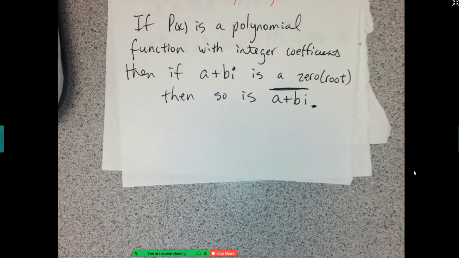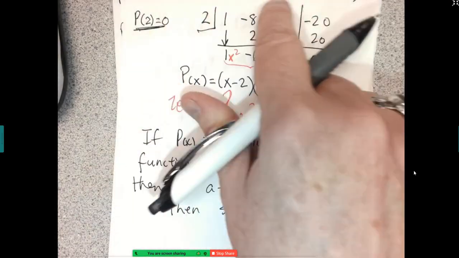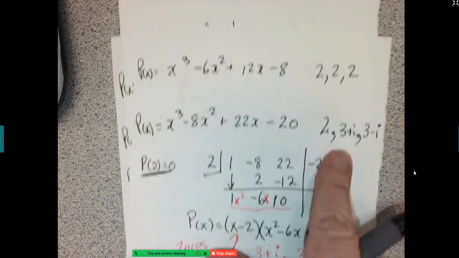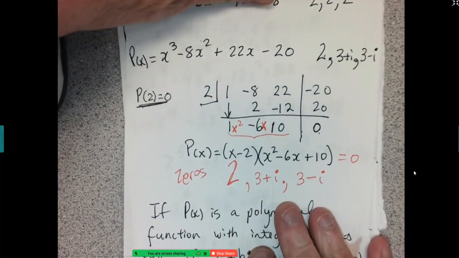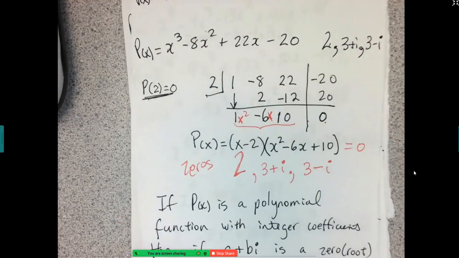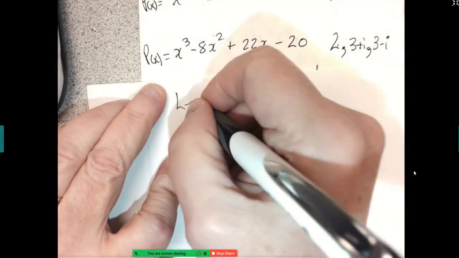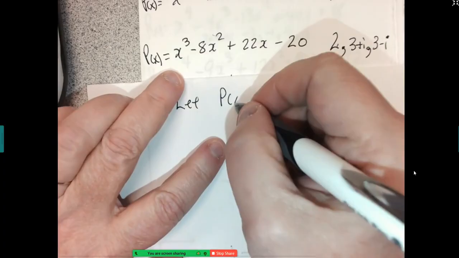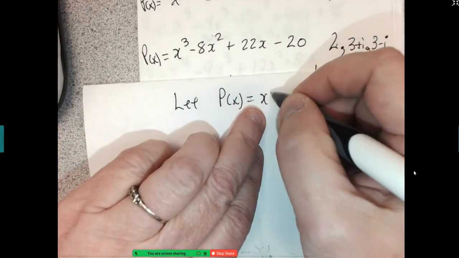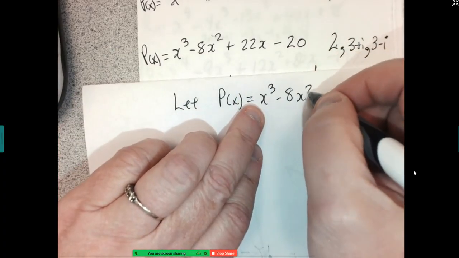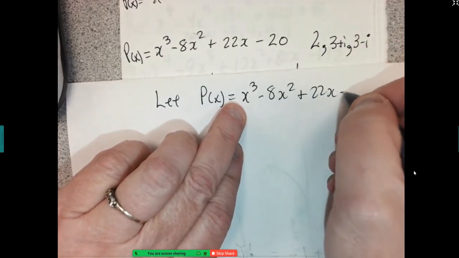So let me show you how this same kind of question, instead of find all the zeros, another question using this could have been put to you. So let's let p of x equal x cubed minus 8x squared plus 22x minus 20.